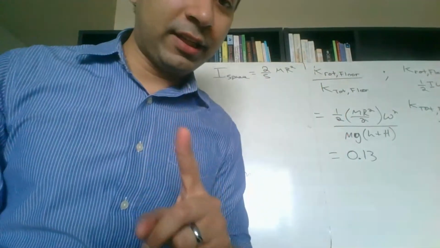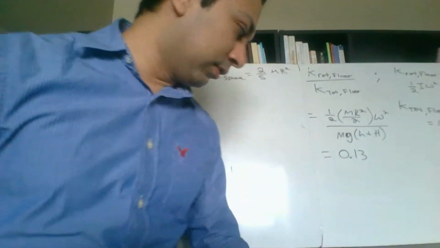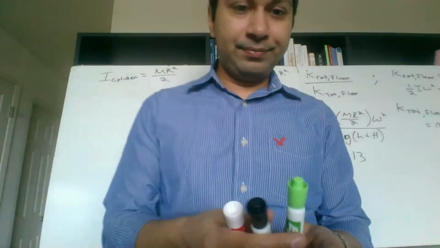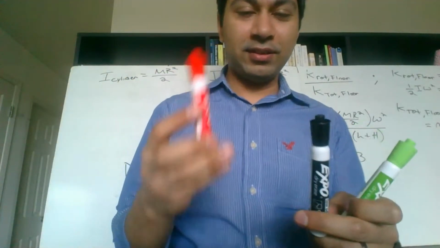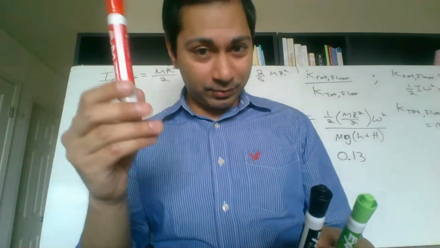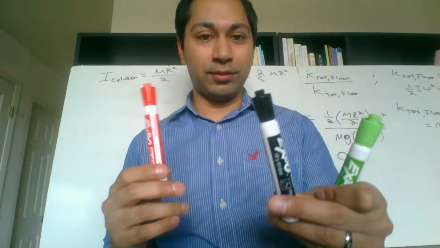Now, what will change is the amount of spin that you're going to get. So let's say, I don't know how I'm going to do this. This red pen represents your total energy. It's the total potential energy. The black is translational. The green is rotational.